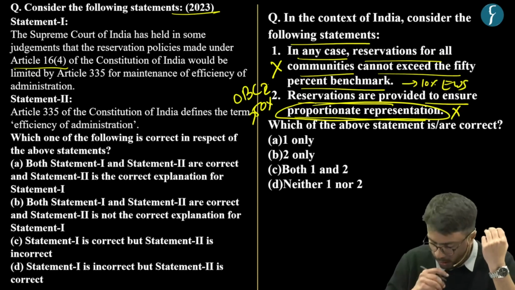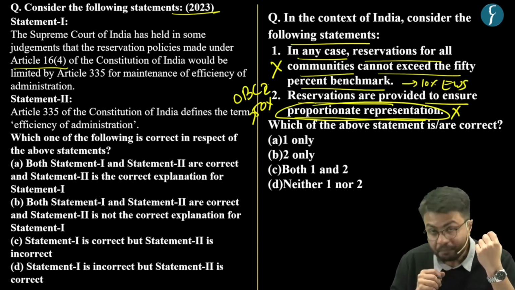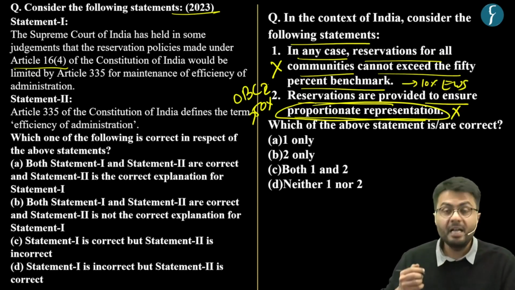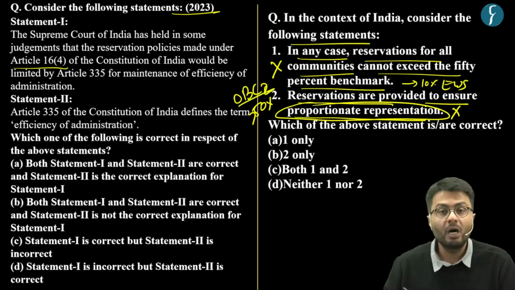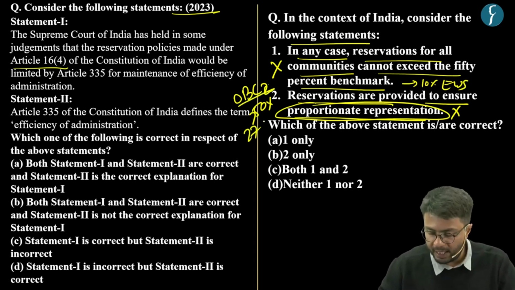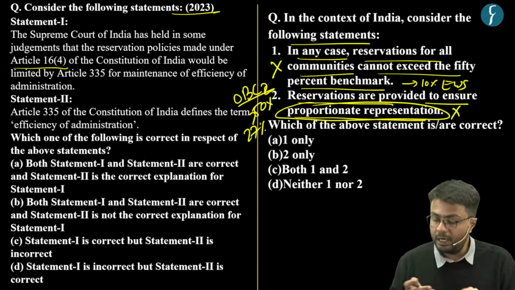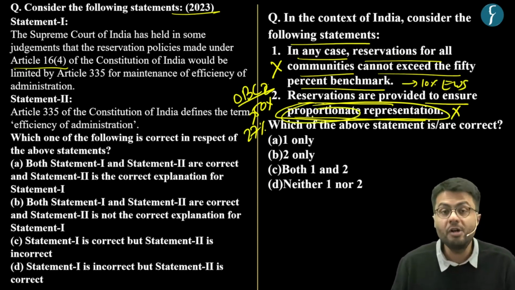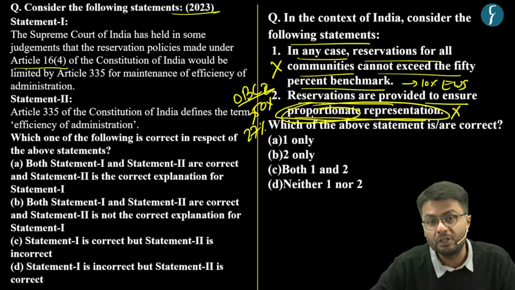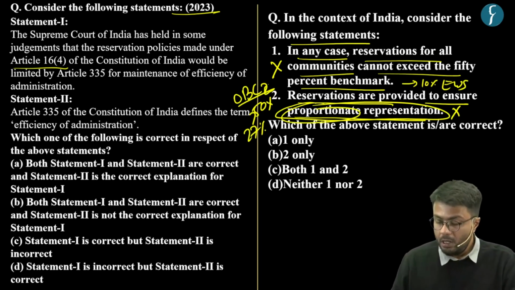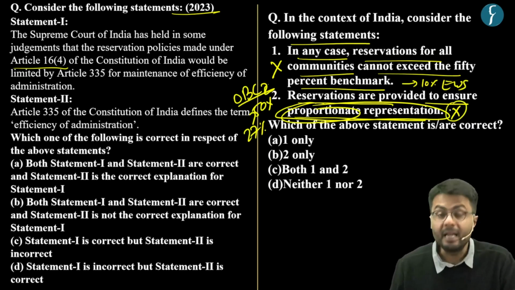However, I'm sorry, the reservation that was provided for these other backward classes was only 27%. Hence, the reservation wanted to ensure adequate and not proportionate representation. Hence, the second statement also is incorrect.